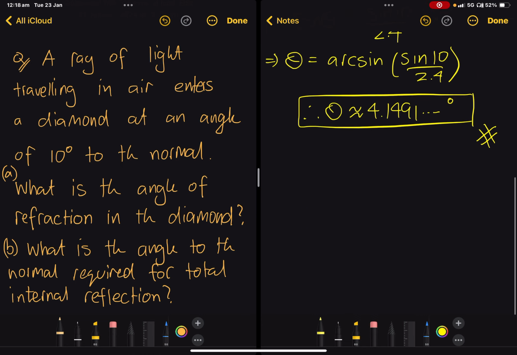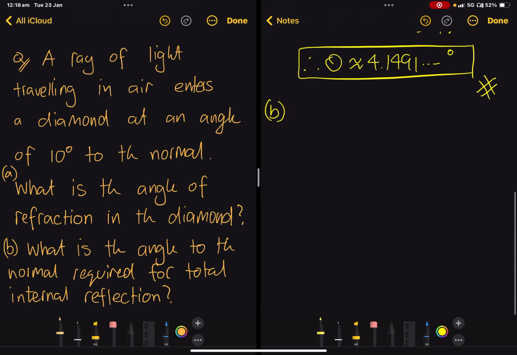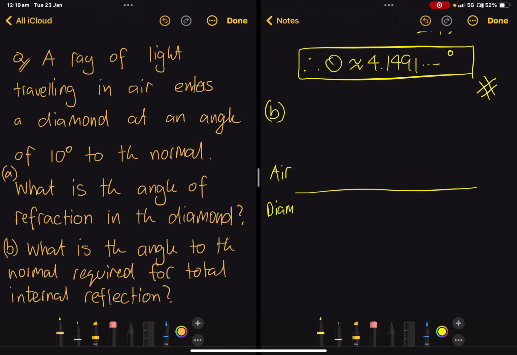Now part B is somewhat more complicated. We're asked what is the angle to the normal required for total internal reflection. This is a very strange question in this context, because if we look at our diagram, we have air over here, diamond over here, a normal vector this way and a normal vector this way.